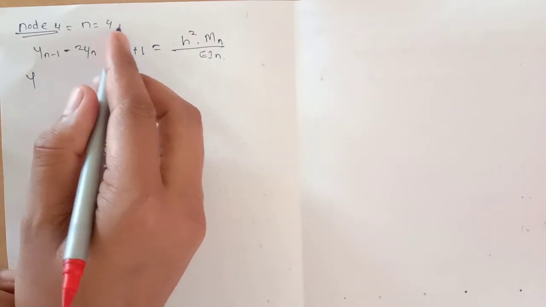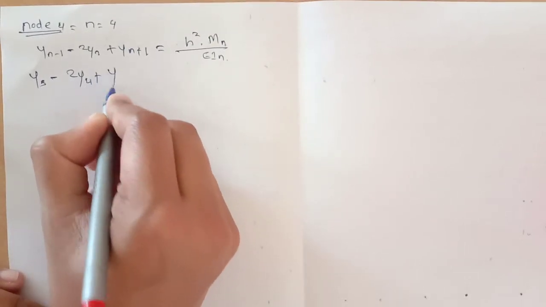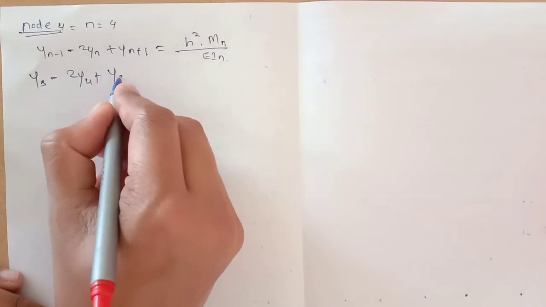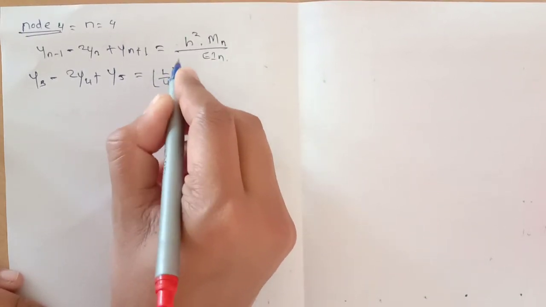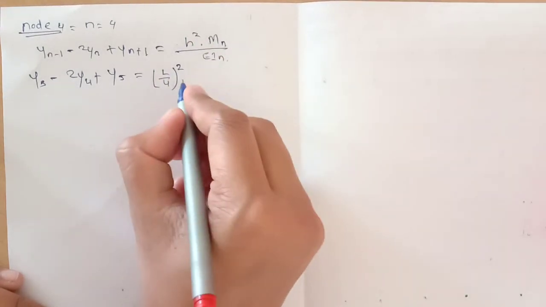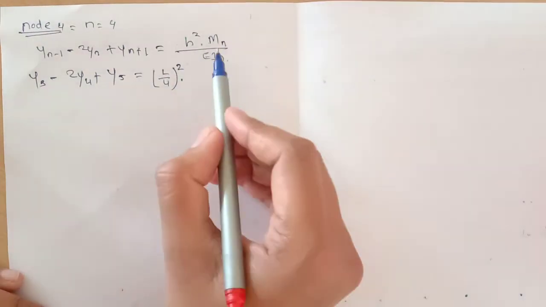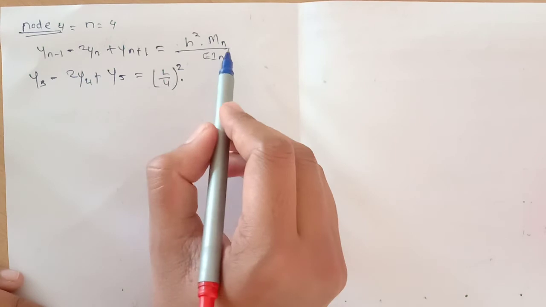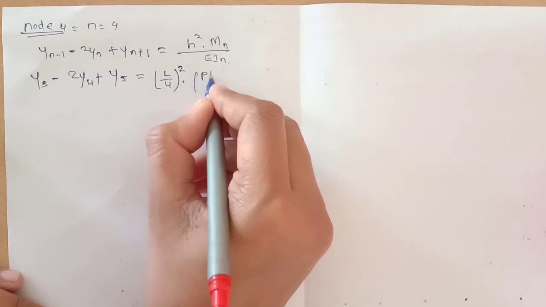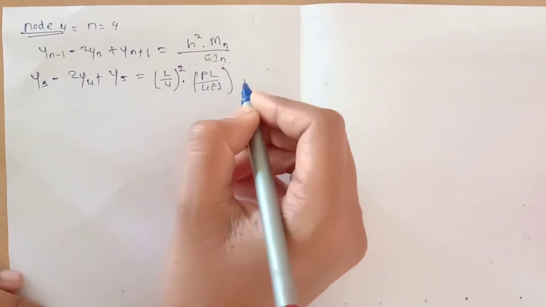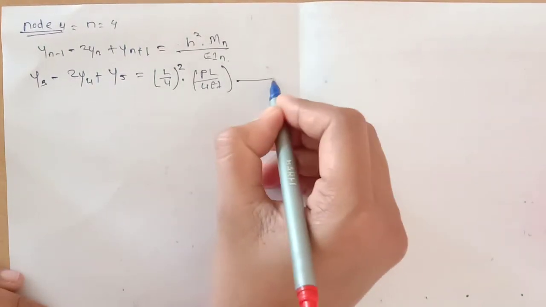Yn minus 1, that is 4 minus 1, is nothing but 3, minus 2y4 plus y n plus 1, that is 4 plus 1 is nothing but 5, is equal to, we know that h is equal to L by 4, h square means whole bracket square. The next mn, that means n is 4, the moment at fourth nodal point. We know that the moment at fourth nodal point is PL divided by 4EI. So this is equation number 4.